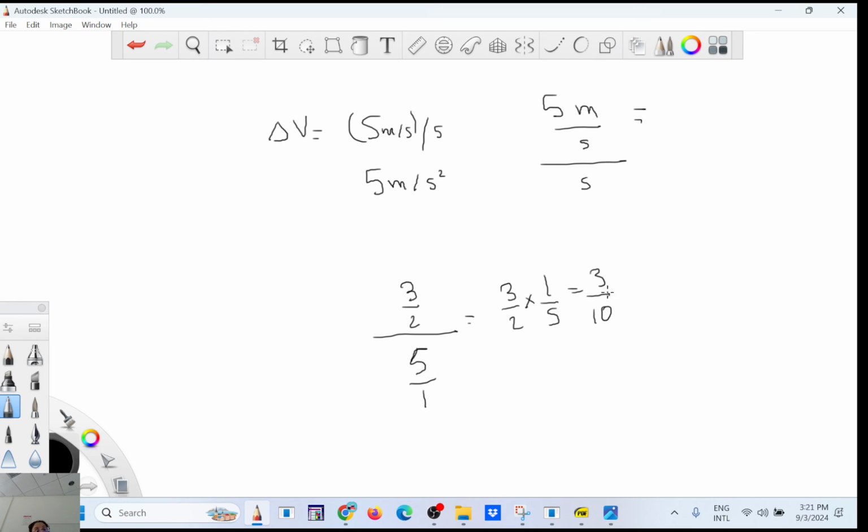So that's going to be 3 over 10. So likewise, here, you're going to do 5 meters per second times 1 over second. So that's why it's 5 meters per second squared. So when you divide by a fraction, you multiply by the reciprocal. So you have to flip this.